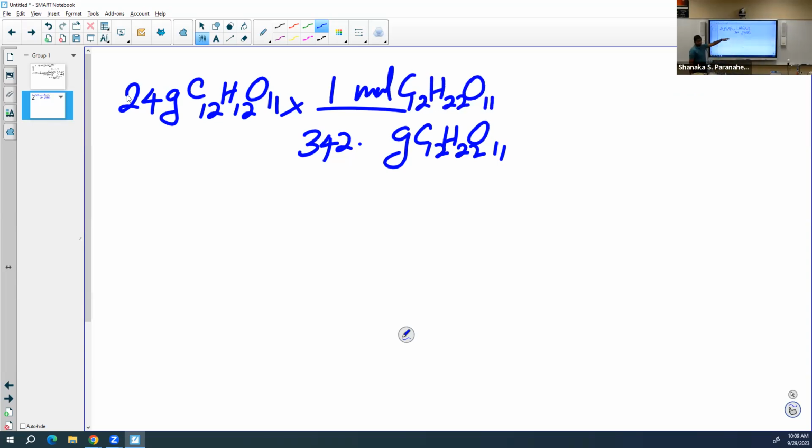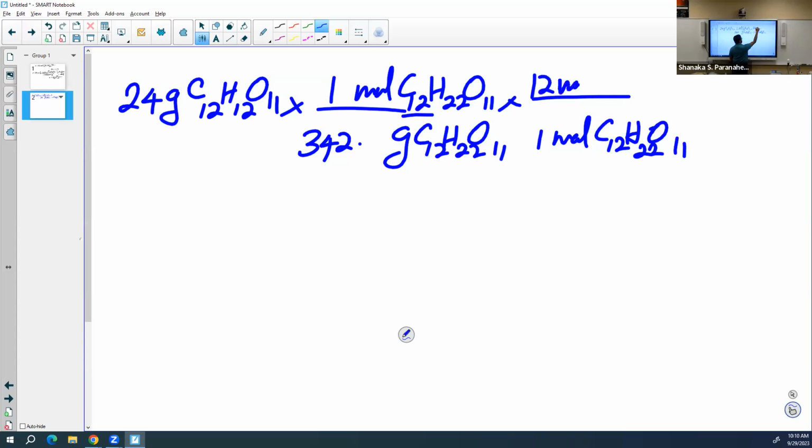So we use the given molar mass to convert given grams into moles. So then we can convert moles of this compound into moles of carbon. So each molecule has 12 carbon. So 1 mole of C12H22O11 has 12 moles of carbon, because the subscript number in the formula is 12.